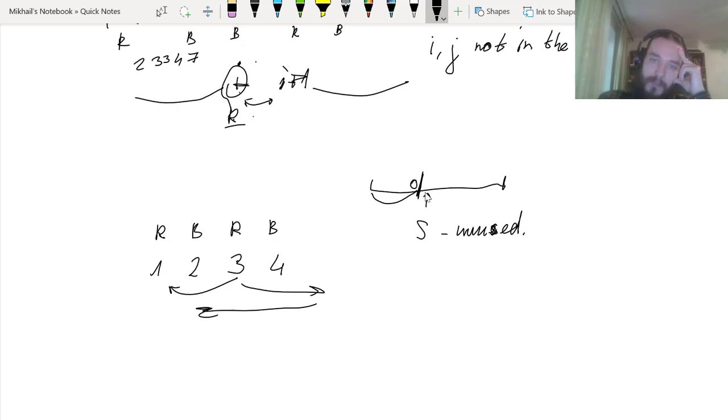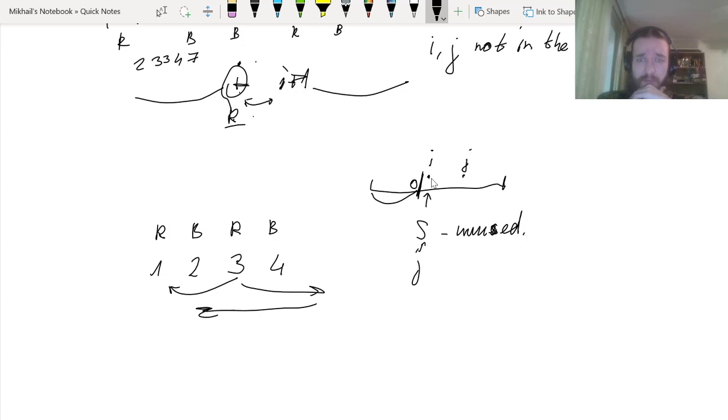Also assume that we know this card. Which card is going to be placed next? If this position is I, then for each card, if some other card J from S is going to go to I, then we know if it's going to be red or blue, because if I and J have the same parity, then there is going to be an even number of flips, and it's going to be red.